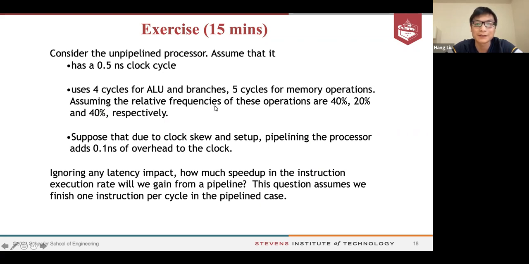Assume the relative frequency of these operations are 40%, 20%, and 40% respectively. Suppose that due to clock skew and setup, pipelining the processor adds 0.1 nanosecond of overhead to the clock, ignoring any latency impact. How much speedup in the instruction execution rate will you gain from a pipeline? Okay, can you use 15 minutes? Pause this video here, using 15 minutes to solve this problem.